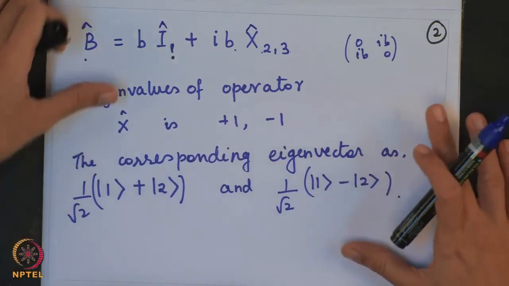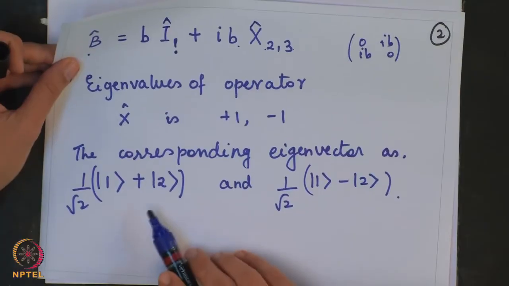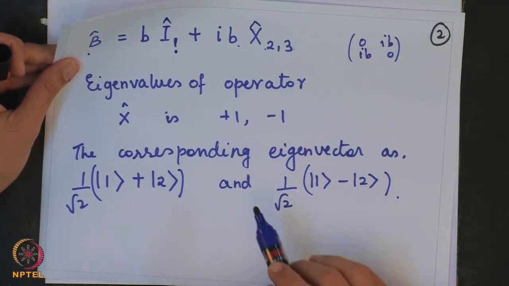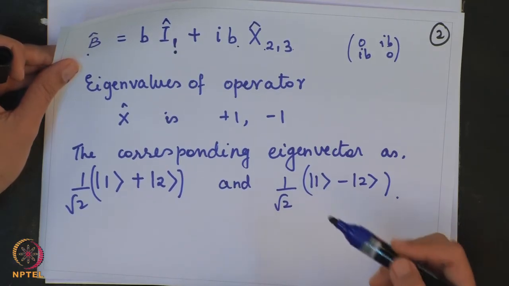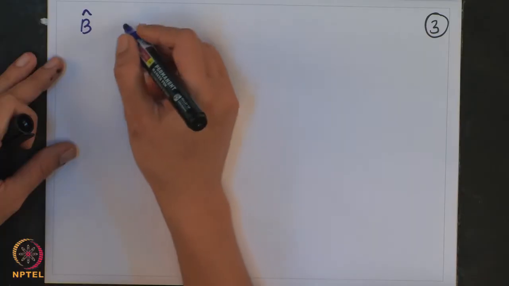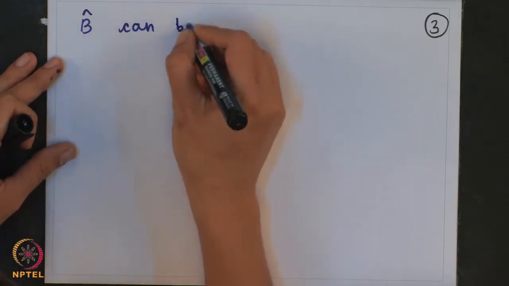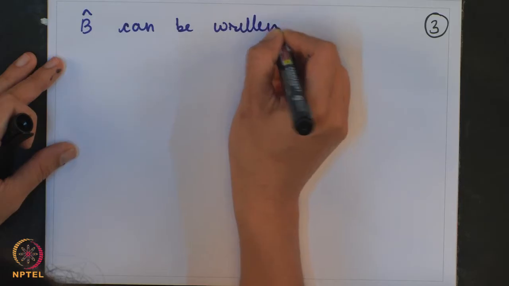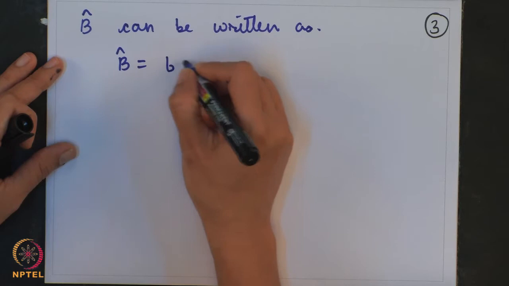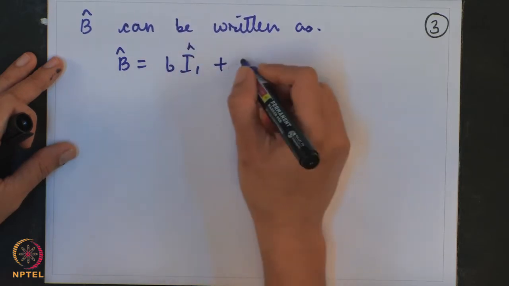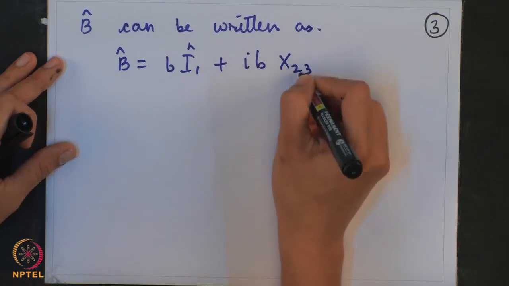So this we have done using this information. Now, can we calculate the eigenvalues and eigenvectors of B? What we have here is that operator B can be written as B times I, 1, plus IB times x, 2, 3.